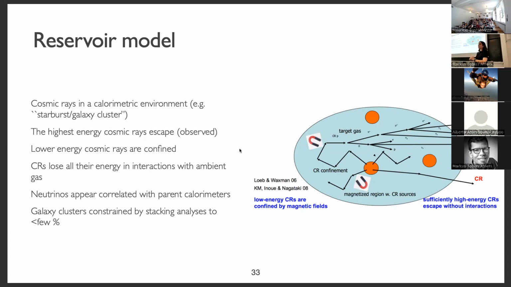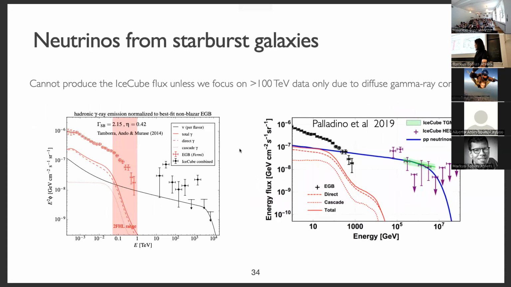So we could have a situation in which a single population under the reservoir model produces both the ultra high energy cosmic rays and a very strong flux of neutrinos. I think this is still consistent with more or less everything we know about the neutrinos, so it is not ruled out that this happens in some of these sources.